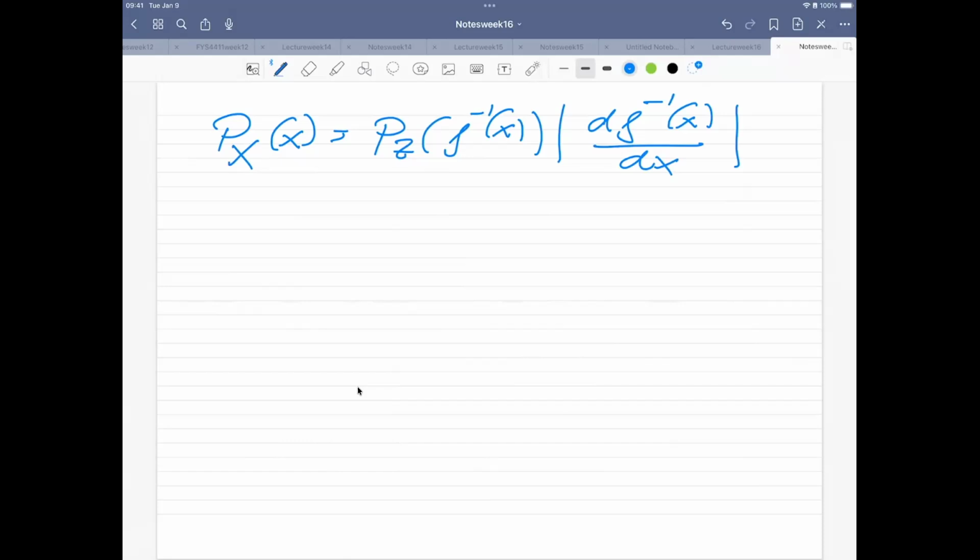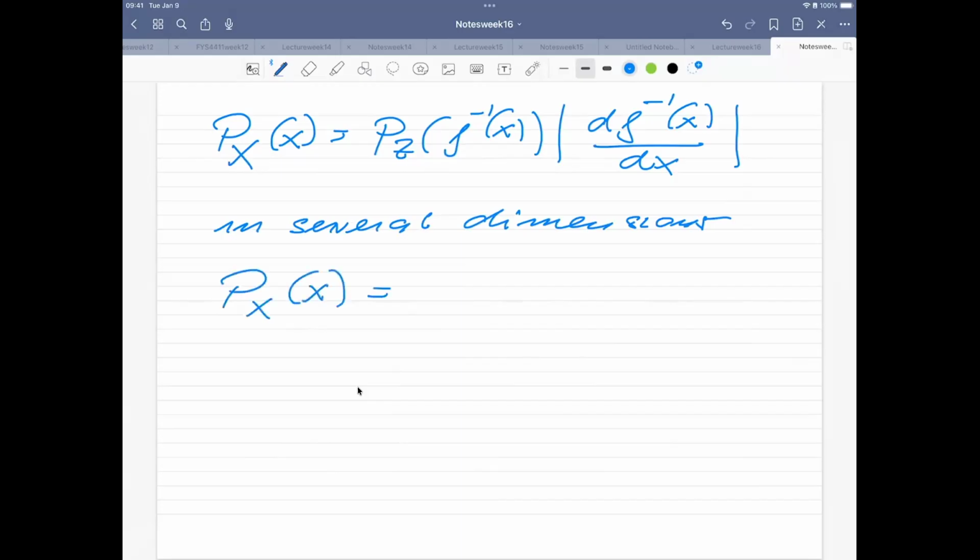So you end up with a Jacobian matrix, and you have to evaluate p of x by evaluating the determinant. That is the general expression which relates two probabilities to each other, and it is typically given by the determinant of the Jacobian matrix of d of x.